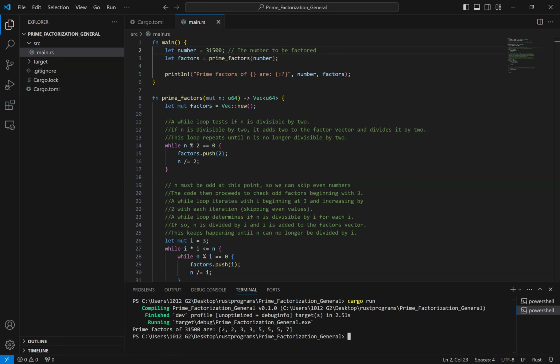The first time it went, picked 2, then it went again, the loop, second 2. Then after that, the number was not divisible by 2 again.